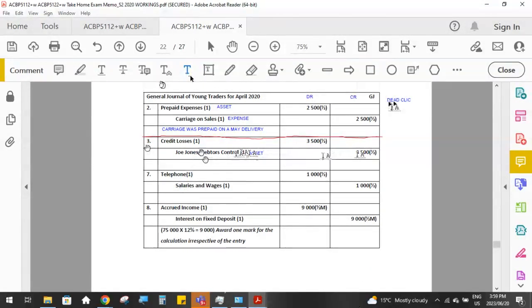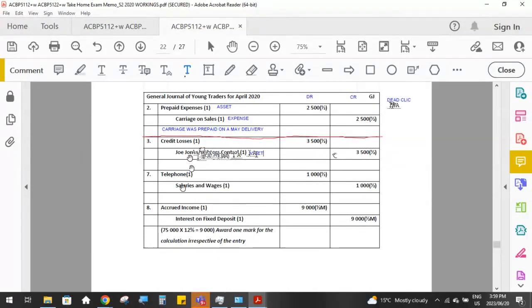So you put the 3,500 on the credit side next to the line item that says debtors control or trade debtors, and then in brackets you can write Joe Jones to indicate that we've got to debit the debtors, credit the debtors control account, but we've also got to go to Joe Jones's account in the debtors ledger and credit the 3,500 on his personal account as well.